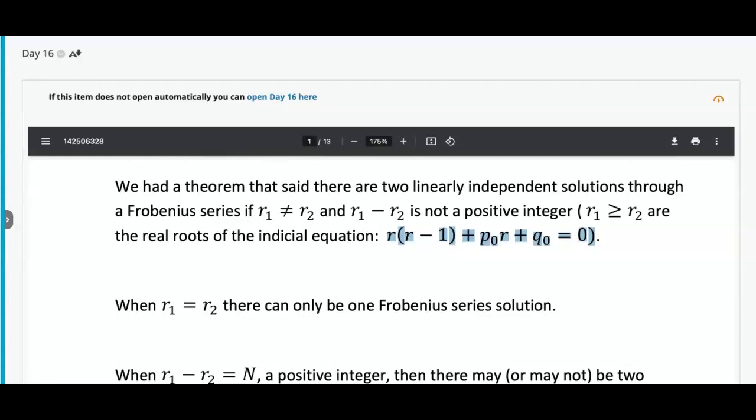But let's recall a little bit. Recall we use this indicial equation and solve for r1 and r2. I think r1 is the smaller one, r2 is the bigger one. So r1 minus r2 is not an integer. So we have these real roots of the indicial equation.